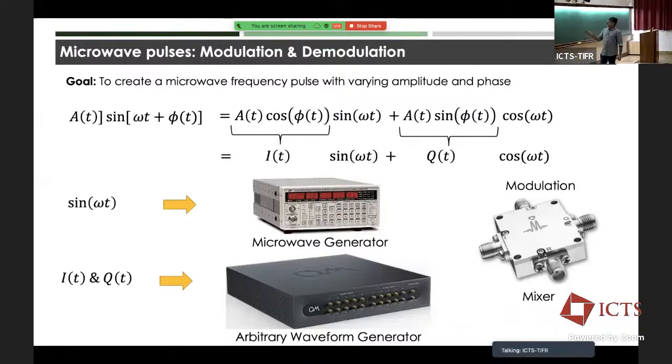So typically these mixers are designed for a range of frequencies, which could be very large. For example, a typical mixer like this could work all the way from 4 to 20 gigahertz for the LO, and could work all the way from DC to 4 or 5 gigahertz on the I and Q channel.